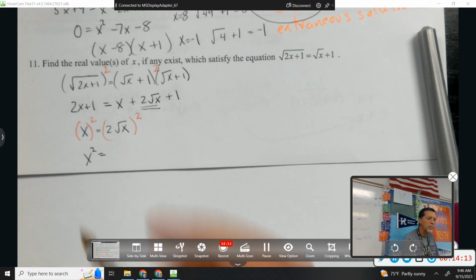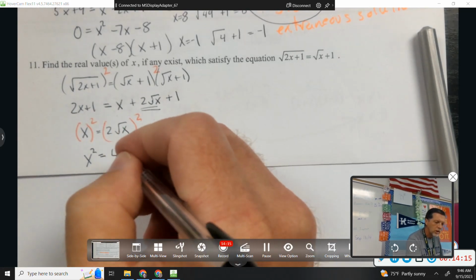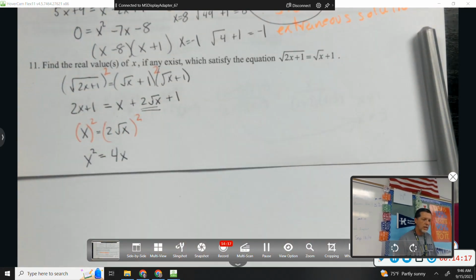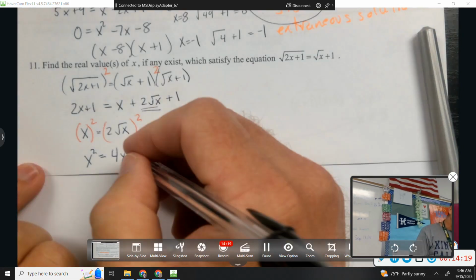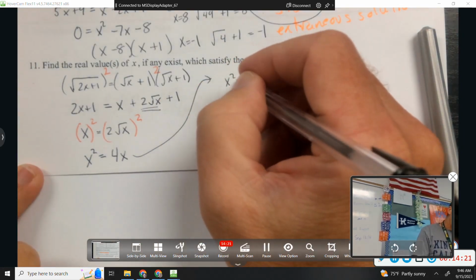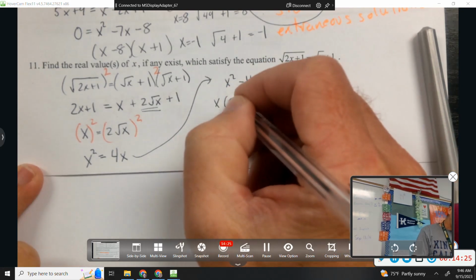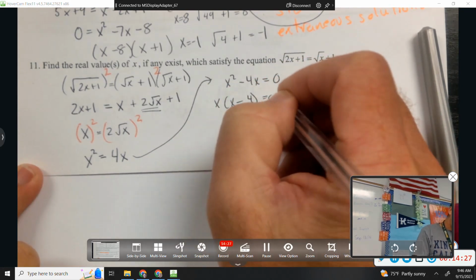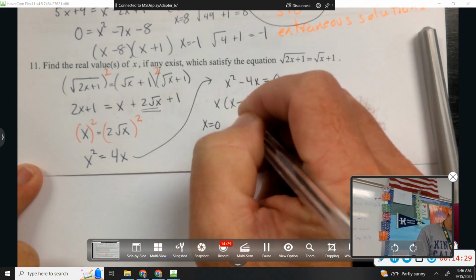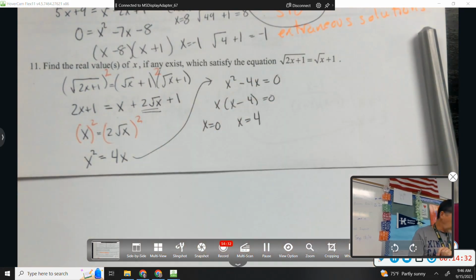You've got to square both the pieces. So 4 and x. Okay, all my square roots are gone. Now I can set it equal to 0, hope that it factors. X equals 0, x equals 4. Close up shop, I'm done, we can go home.